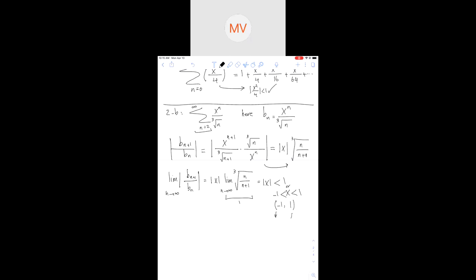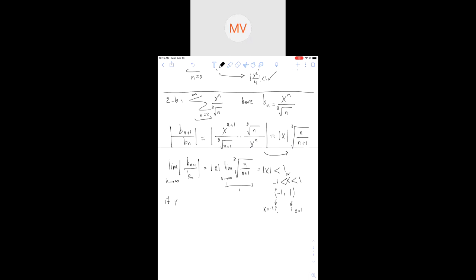Now we just have to check the endpoints. Well, if x equals 1, put it in the series, and as you can see, the series becomes 1 over cube root of n, from 2 to infinity. Let me write it as 1 over n raised to the 1/3, from 2 to infinity.